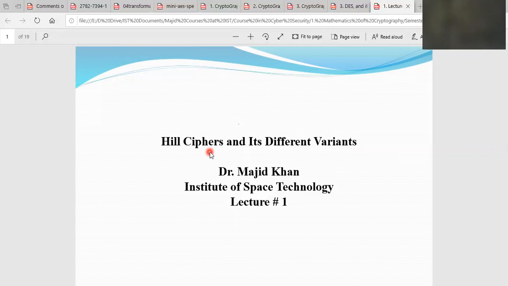Basically, we are given two different variants of Hill Cipher. One is about how one can use rectangular matrices instead of square matrix to generalize the idea of Hill Cipher from square matrix to rectangular matrix. And then the second one is how we can relate determinant with permutations.